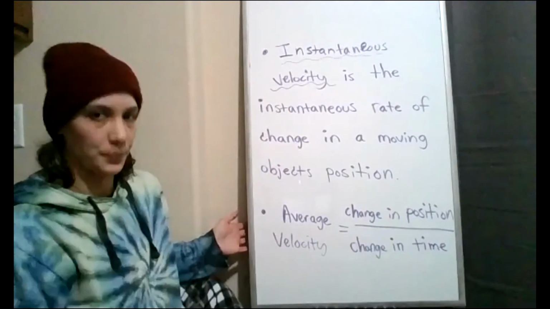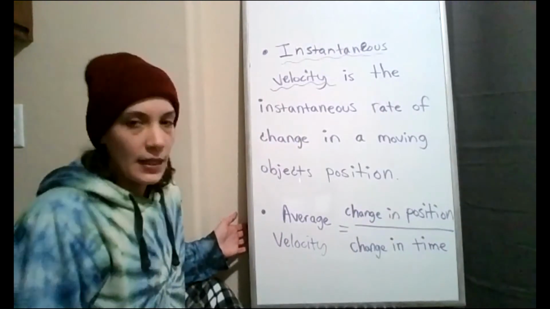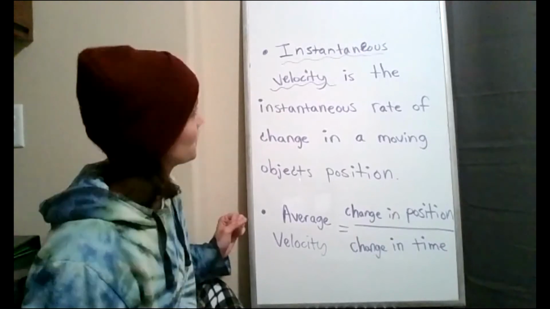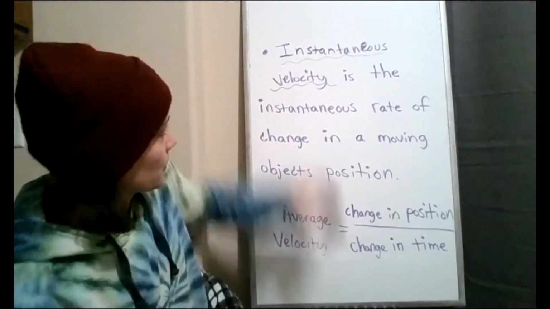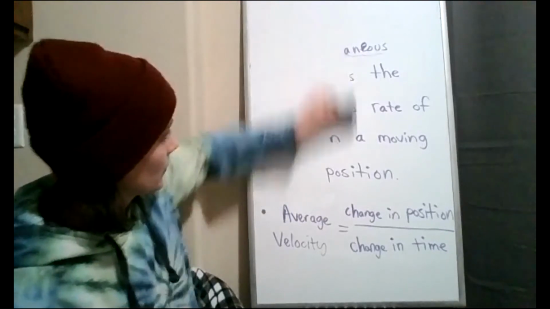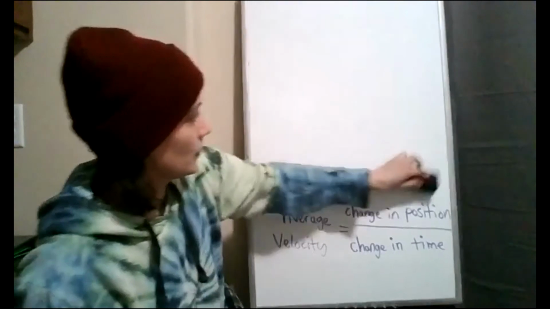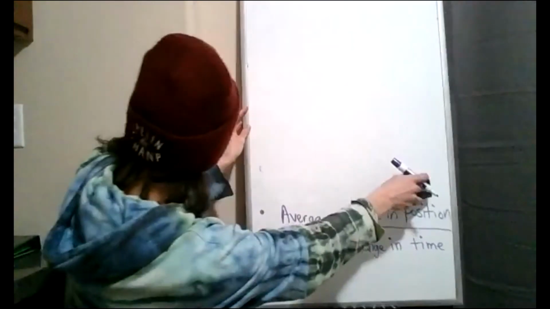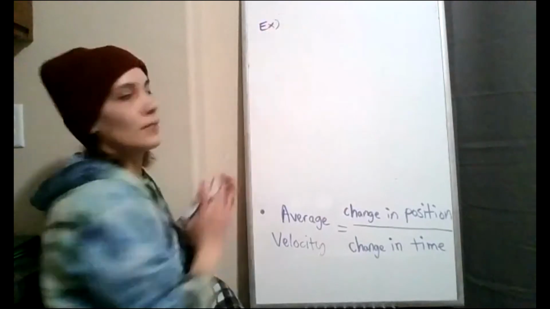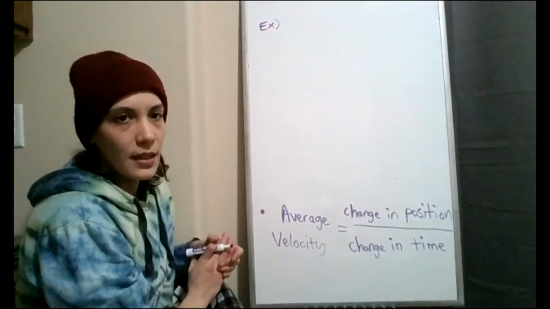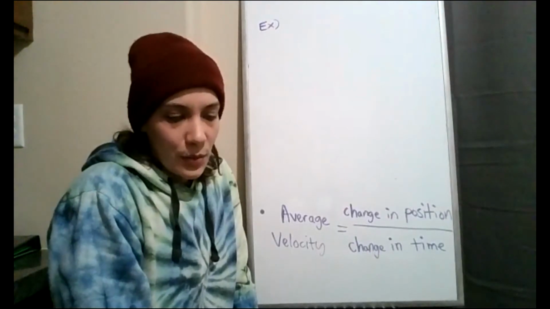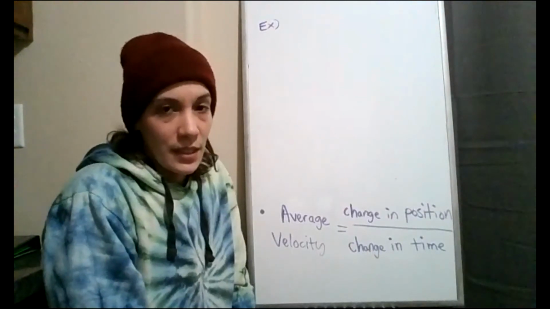Looks okay. Okay, and now I do an example. So here we go. A ball is thrown into the air with an initial velocity of 40 feet per second.